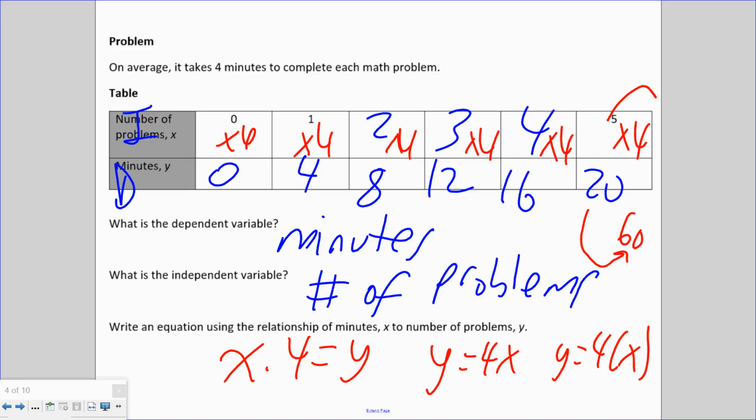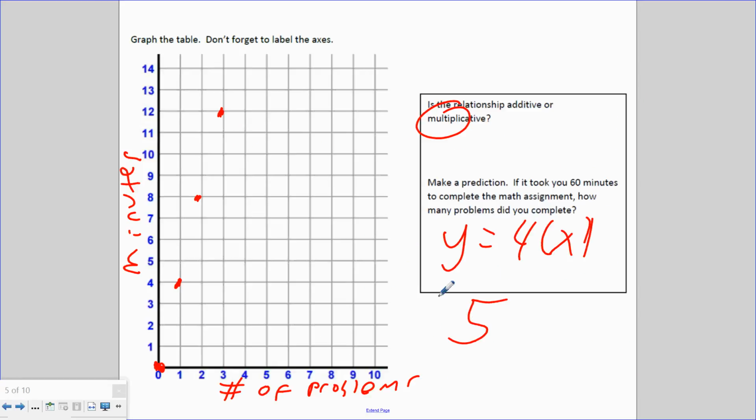Times 3. So 5 times 3 will be 15 problems. Another way to do it is 60 equals 4 times what? 15.